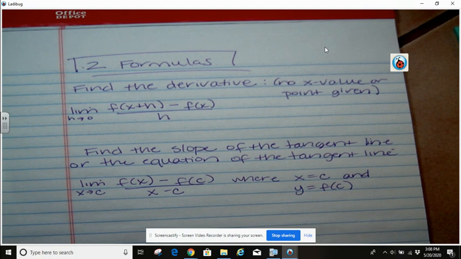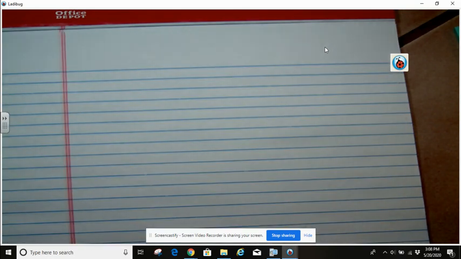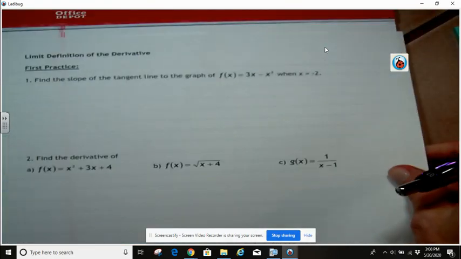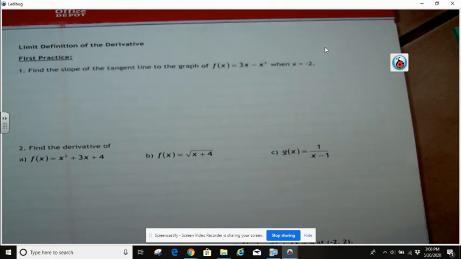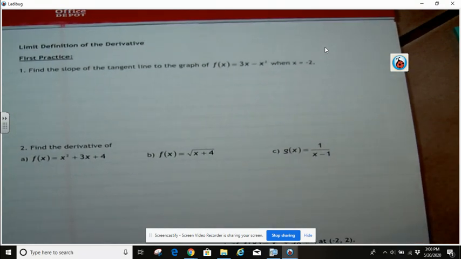All right, so first practice. This says find the slope of the tangent line to the graph of the function 3x minus x squared when x is negative 2. So again, they have given us a specific x value.